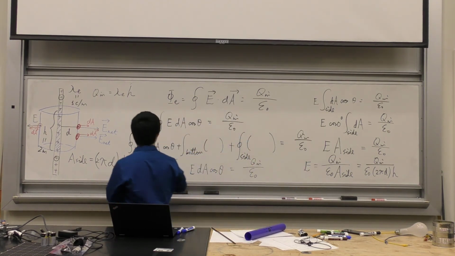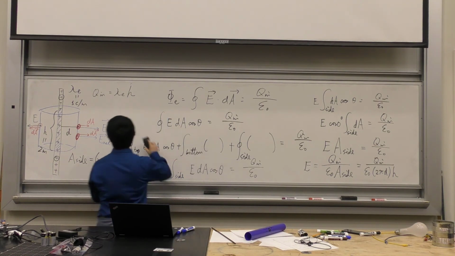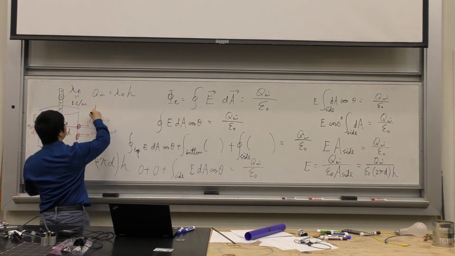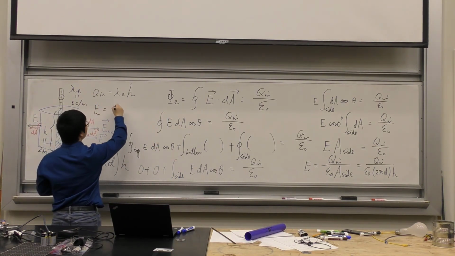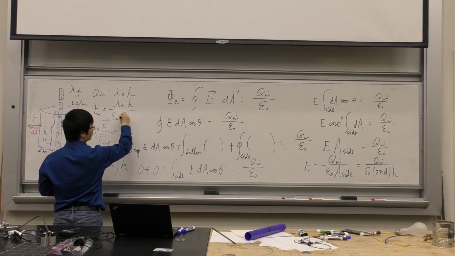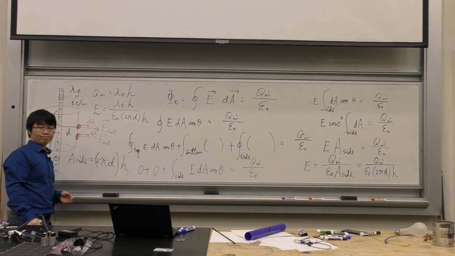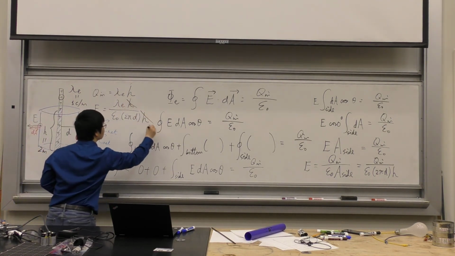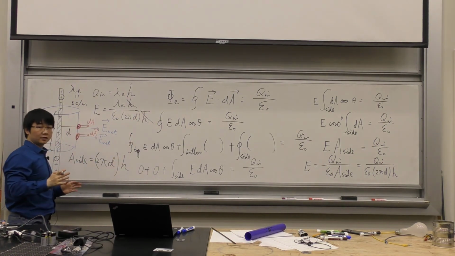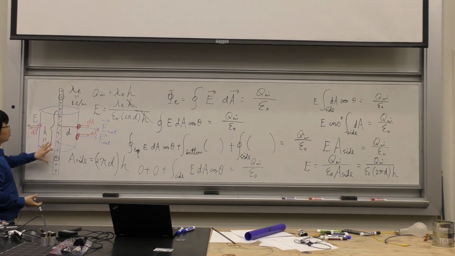So the electric field at the end. I'm going to continue here: lambda E H over epsilon naught 2 pi d H. Cancel the H. It shouldn't be there in the final answer, because this H depends on how large you draw this cylinder, which is totally arbitrary.